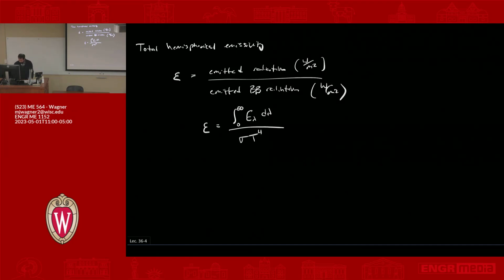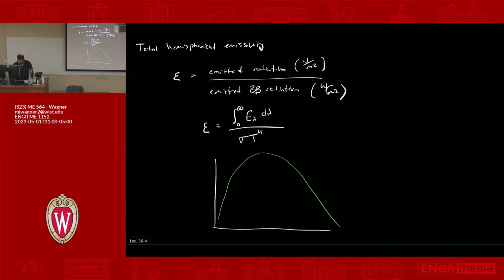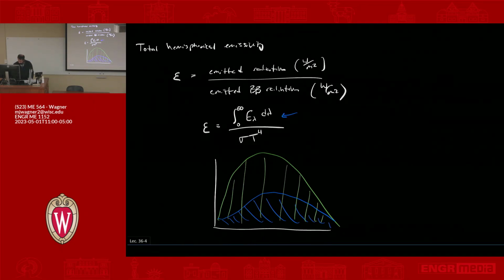So graphically, you can understand what we're doing here. We have our black body curve, which looks like this. We have our real surface curve, which looks like this. So we're just taking the integral of this, that's up here, and we're taking the integral of this, that's down here.